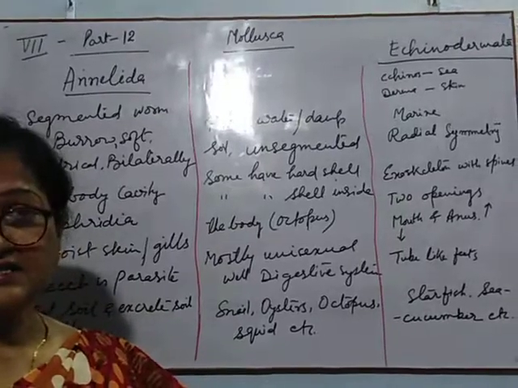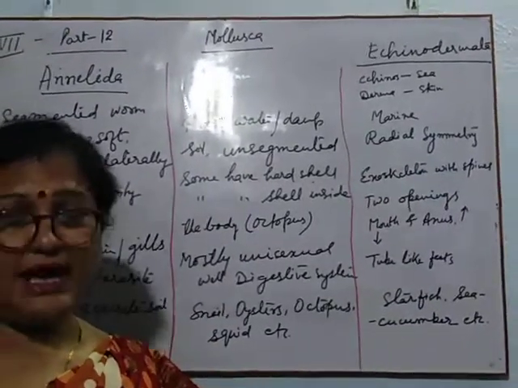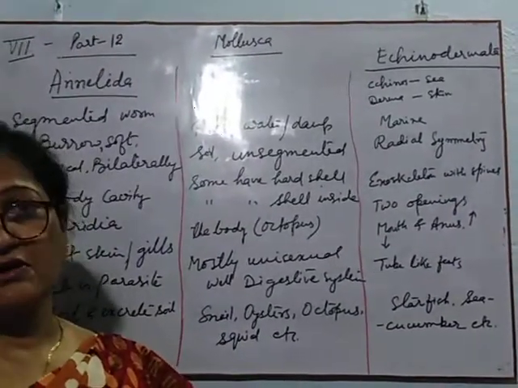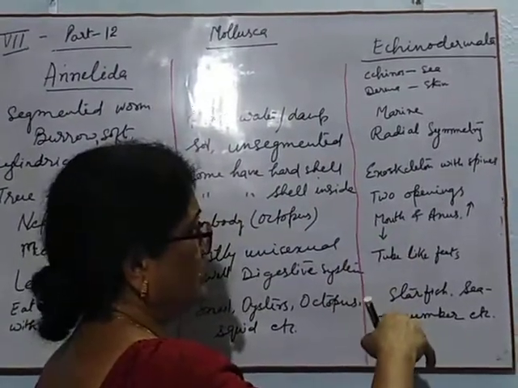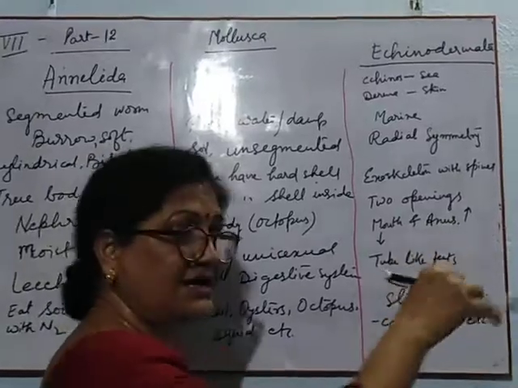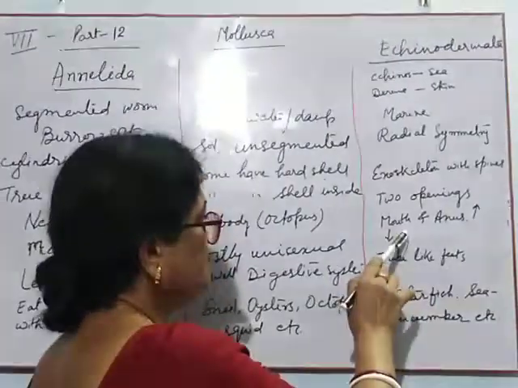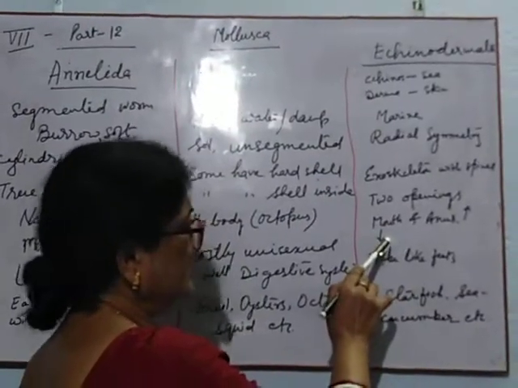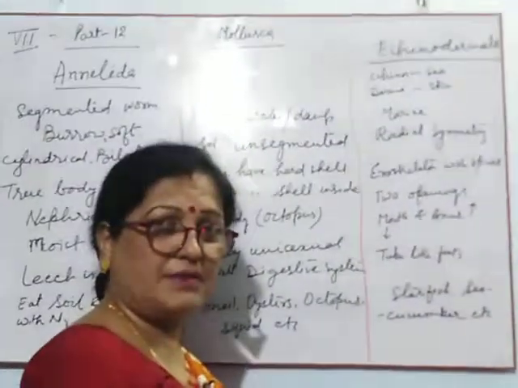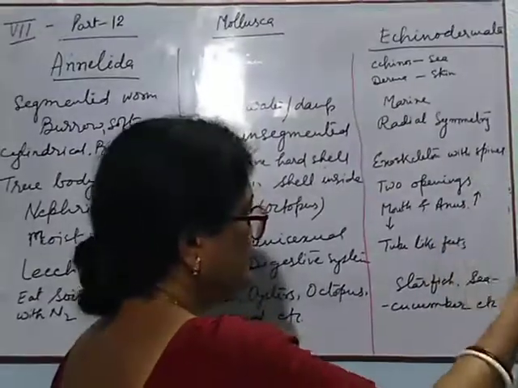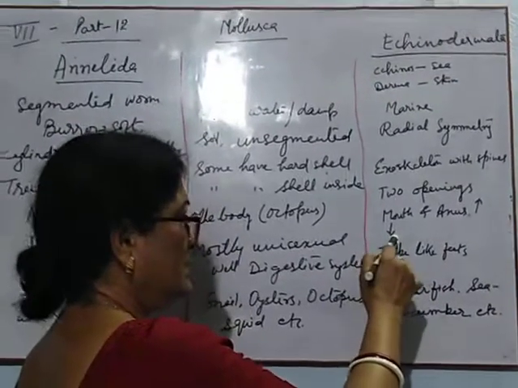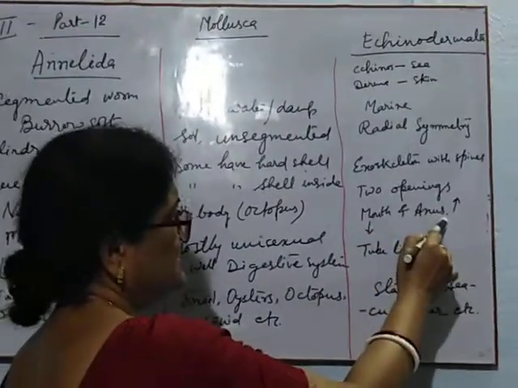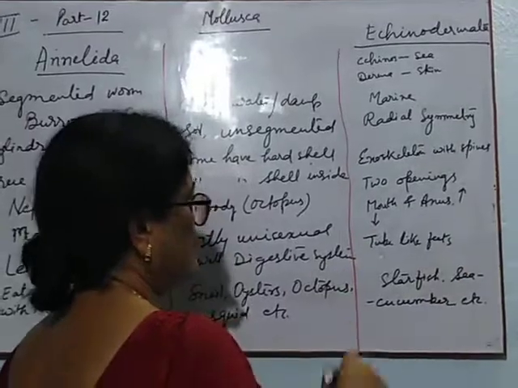Mouth is for ingestion of food and anus is for egestion. The mouth is on the lower side of the body and the anus is on the upper side, so they can easily grasp food through the mouth and eject it through the anus.